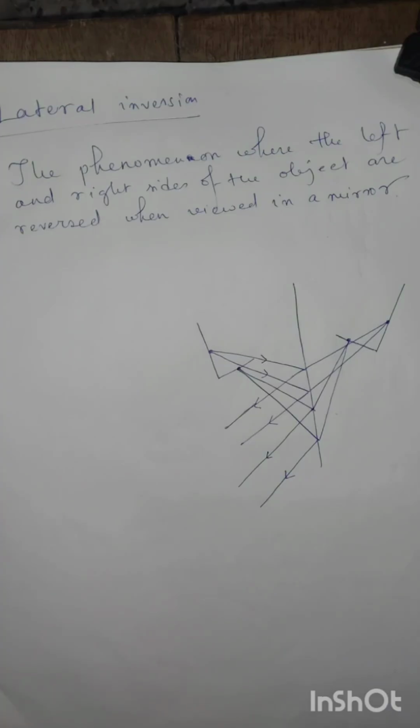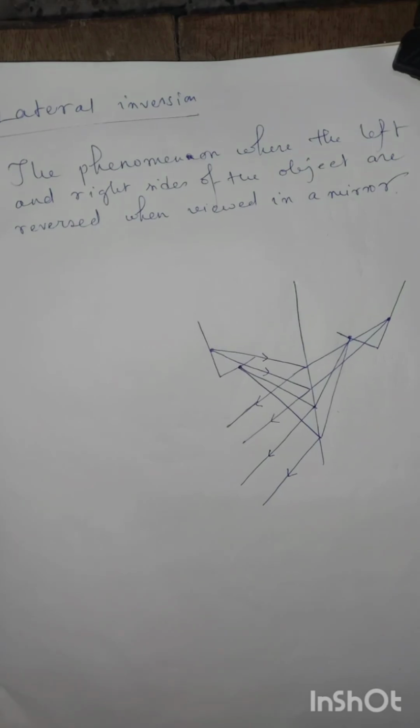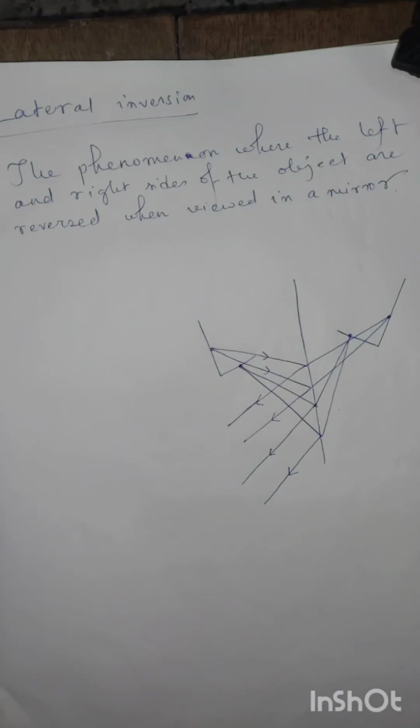We have seen that when we stand in front of a mirror and raise our right hand to comb our hair, it seems that we are combing our hair with our left hand. So lateral inversion is responsible for that.